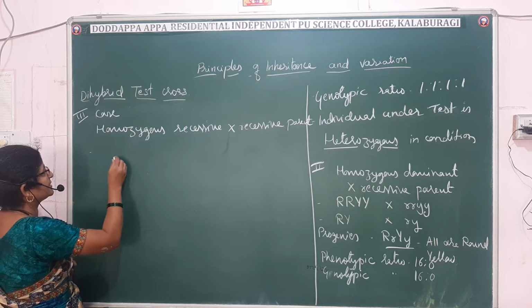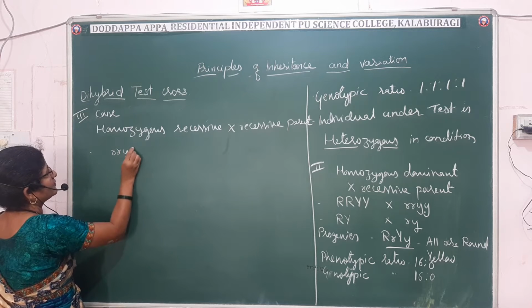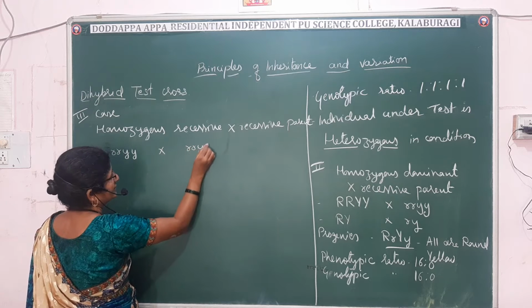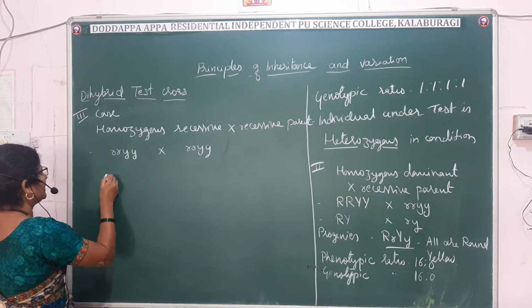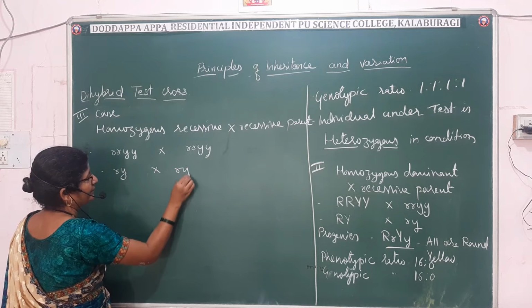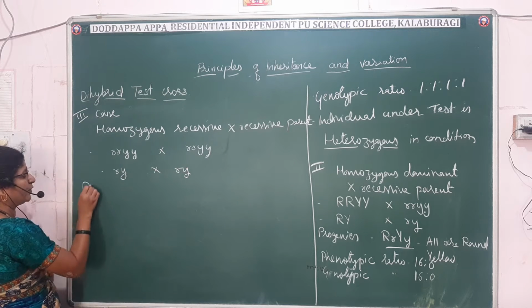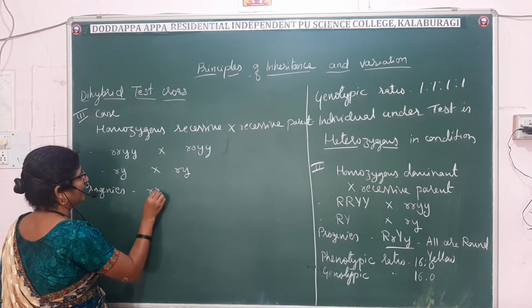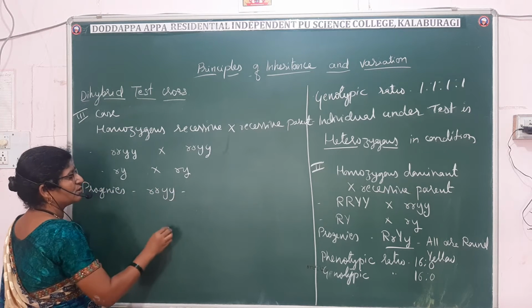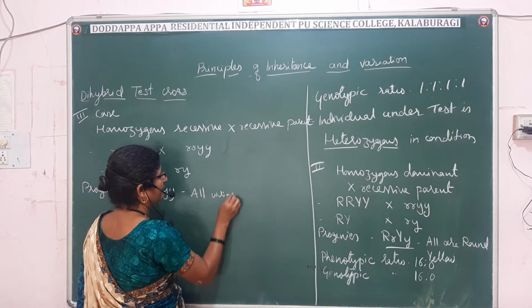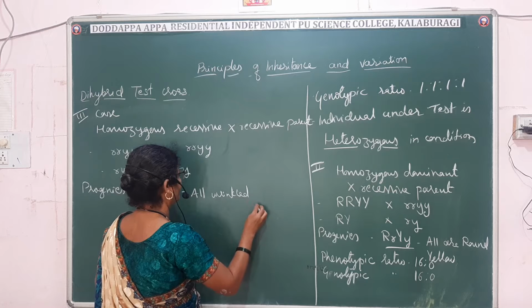Now homozygous recessive is small r, small y, and the recessive parent is the same. What kind of gametes will we get? Same. And what kind of progenies are we going to get? All will be wrinkled green.